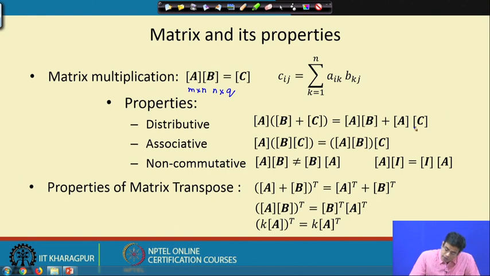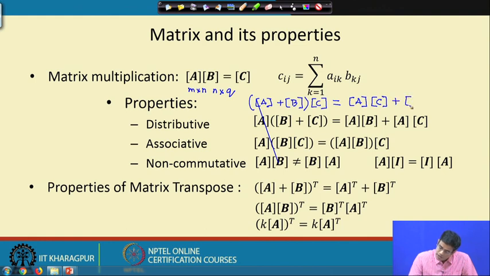In the same sense, I can write this property in a different way: if I write A plus B first and then post multiply with C, then this product will be matrix A times matrix C plus B times C. So this is the distributive property.